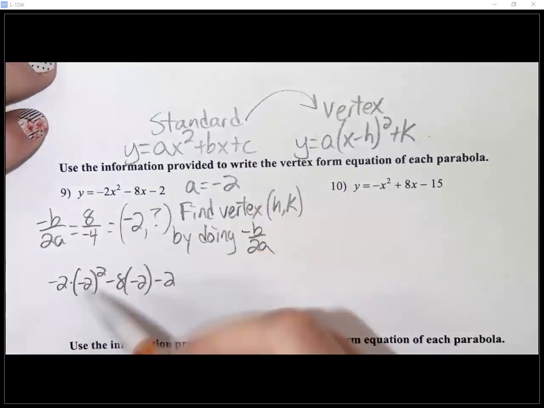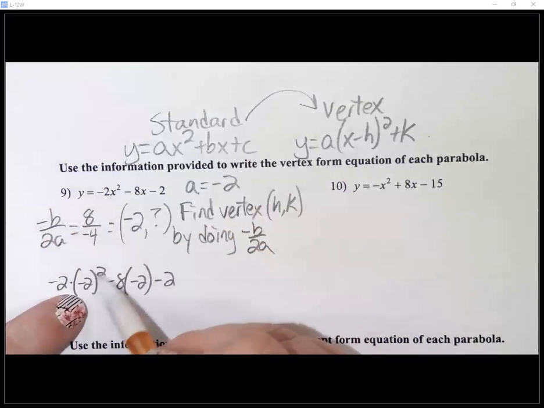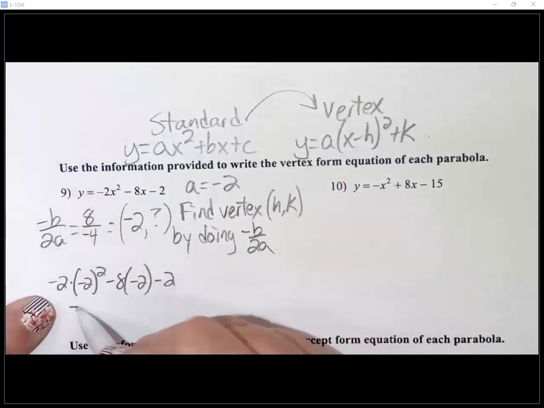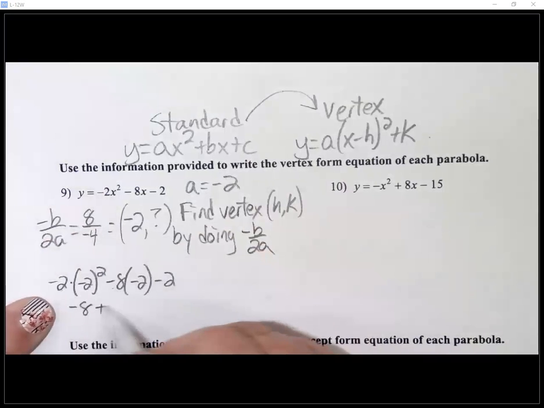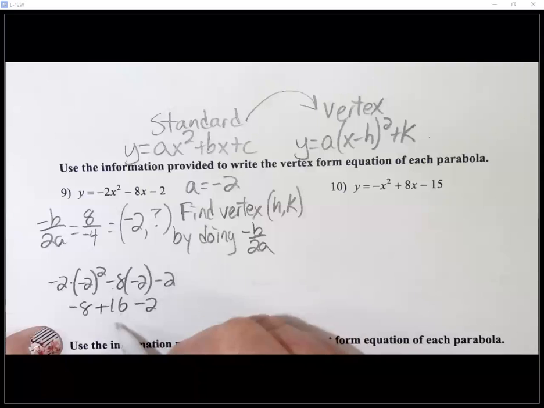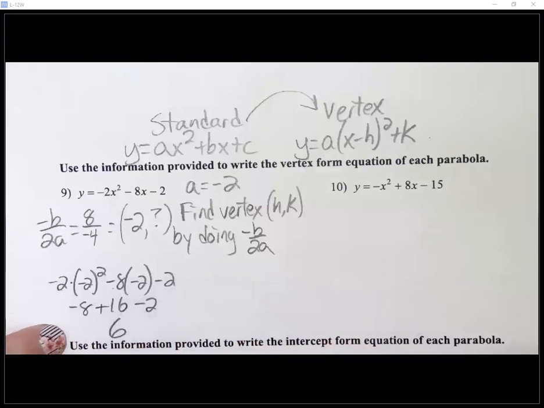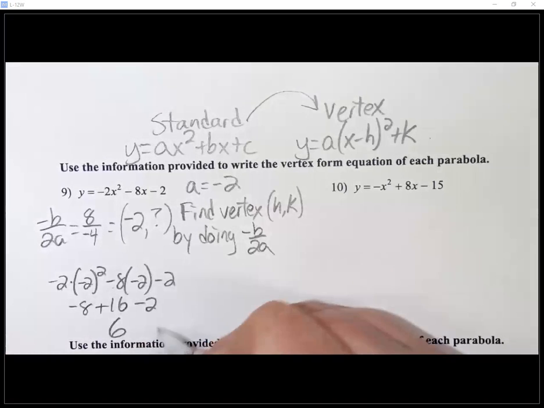So -2 squared is +4, times the -2 is -8, plus 16 and a -2. So what's that? 8 minus 2 is 6. Did you get what I got? Okay, so now I know my vertex is at (-2, 6).